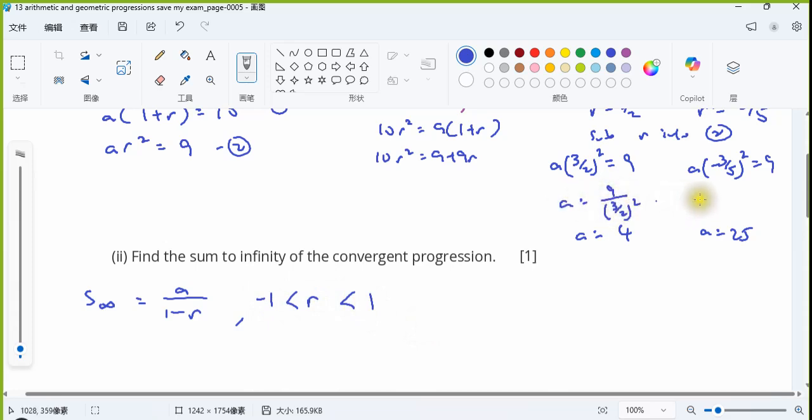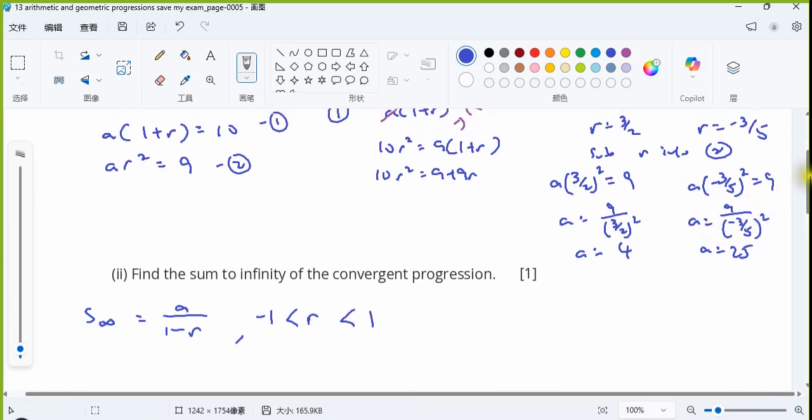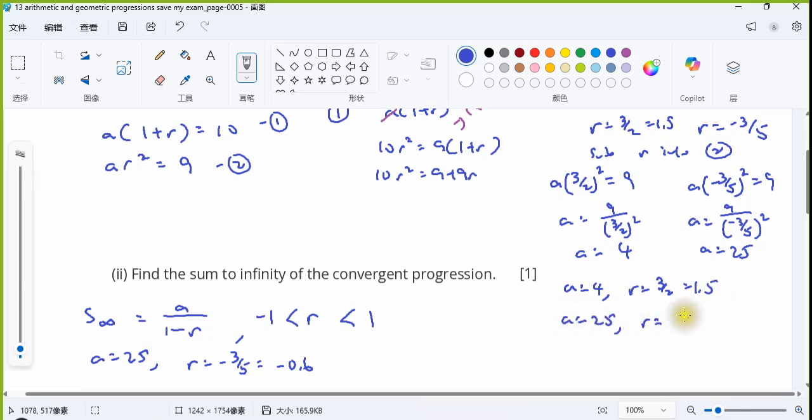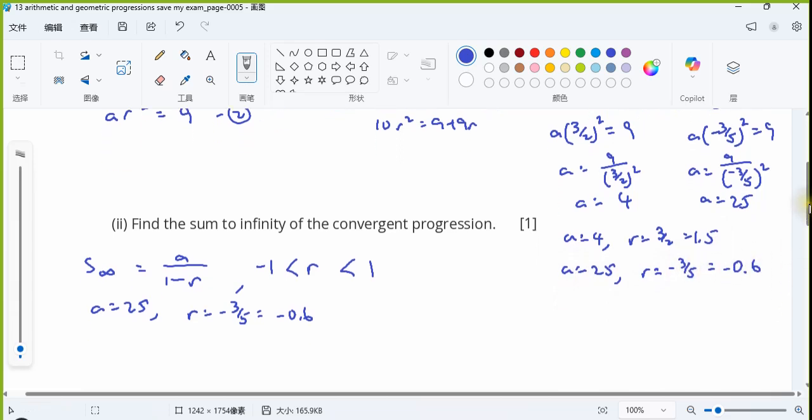The case that converges, this is 1 over 1.5, not convergent. So the case that converges is a equal to 25, and r is negative 3 over 5, which is negative 0.6. So a equal to 4, r equal to 3 over 2, which is 1.5, and a equal to 25, r equal to negative 3 over 5, which is negative 0.6.